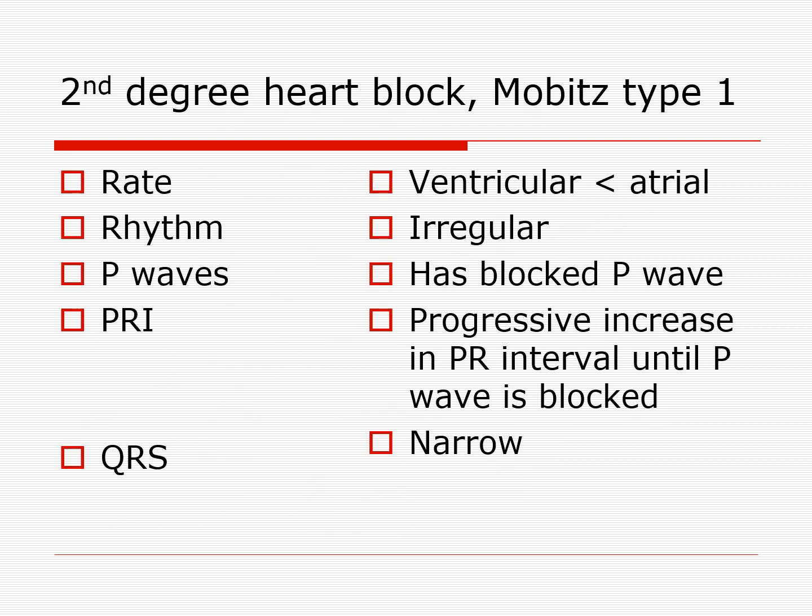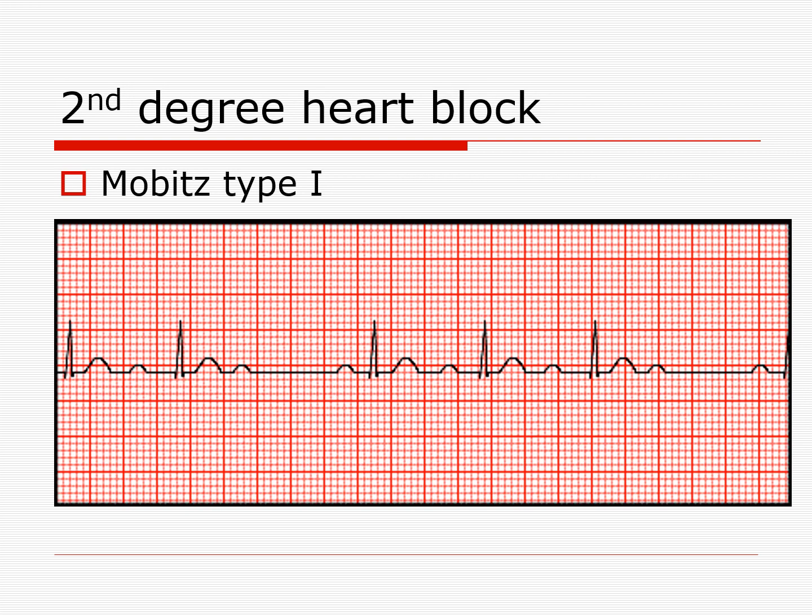With that being said, your atrial rate is going to be greater than your ventricular rate because you drop some of those QRSs. Your P wave is blocked at times, not always, obviously. So you have a progressive increase in the PR interval until a P wave is blocked. Your QRS is going to be narrow.